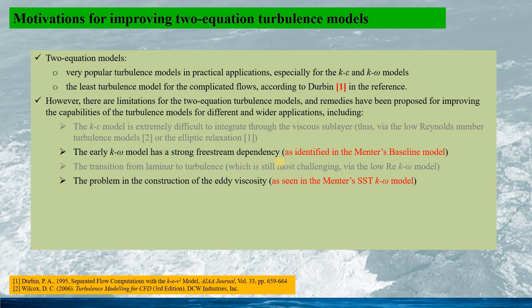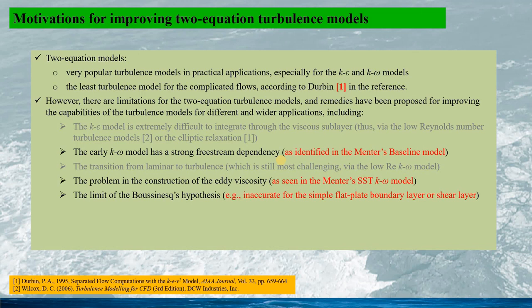The earlier K-epsilon model has strong free stream dependency, as identified in Menter's baseline model, and the problem in the construction of the eddy viscosity, as seen in Menter's SST K-omega model.